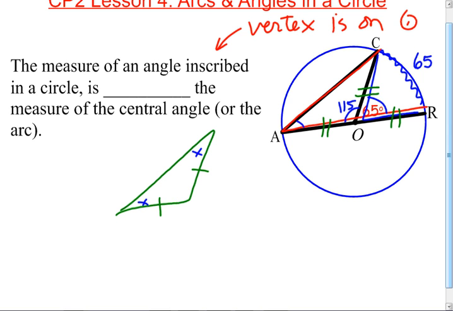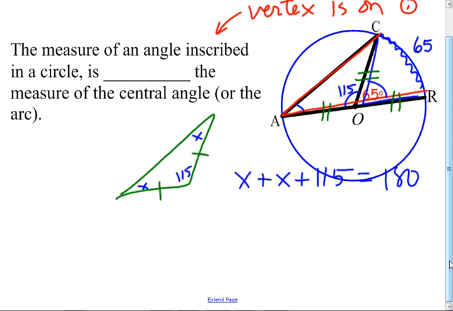One is to review, Cole, an old concept. Both are old concepts. If I take X plus 115, it's equal to 180. And then if I take the 115 and subtract it from both sides, I get what? I have to solve for X. I have to subtract 115 from both sides.